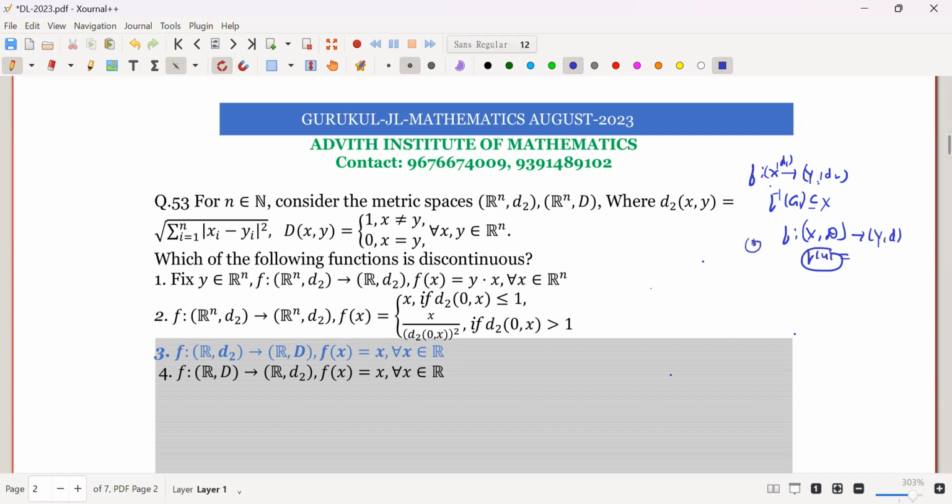And the third point: if f from X with some metric d1 to Y with d2 is the identity function, then this function is continuous whenever the metric induced by d2 is a subset of d1. That means every d2 open set is a d1 open set, then it is continuous.